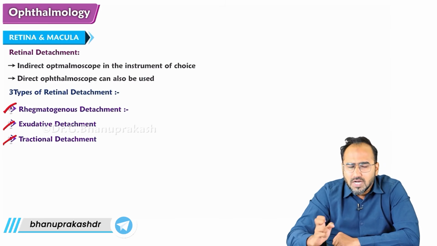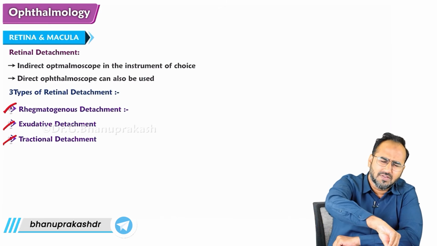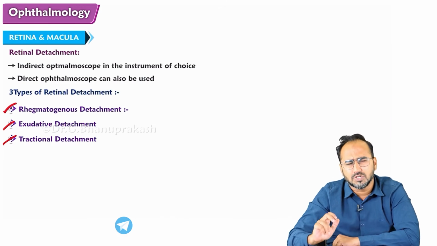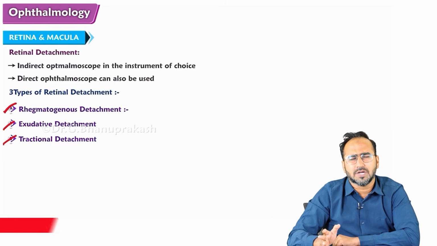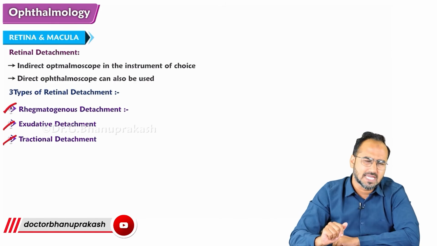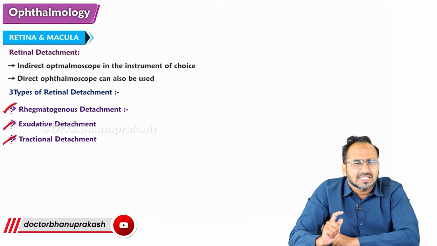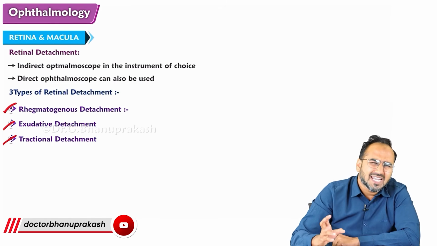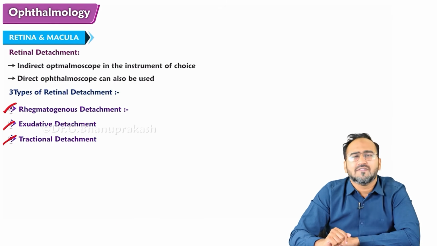So what do you see in rhegmatogenous retinal detachment? Whenever you take an indirect ophthalmoscope and examine the eye of a patient at risk, you will see some lattice degeneration occurring, some ladder-like degeneration. You might see a tear developing in the retina.